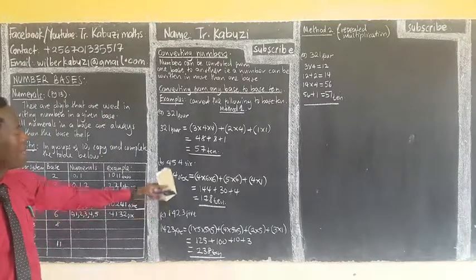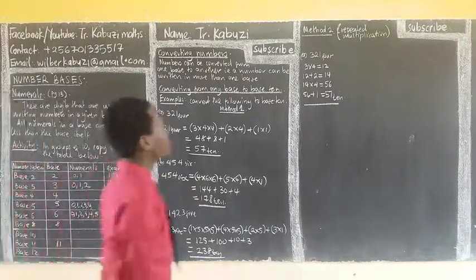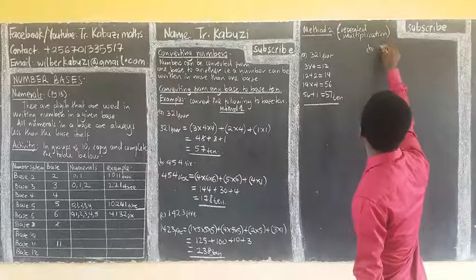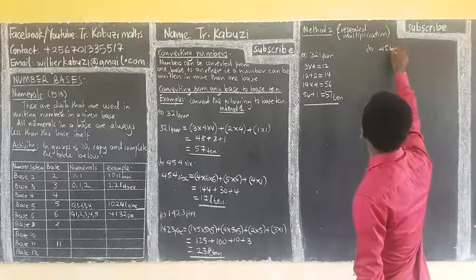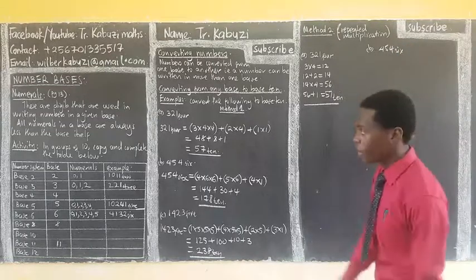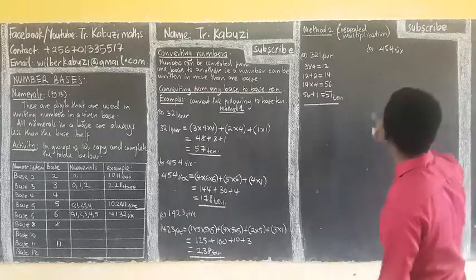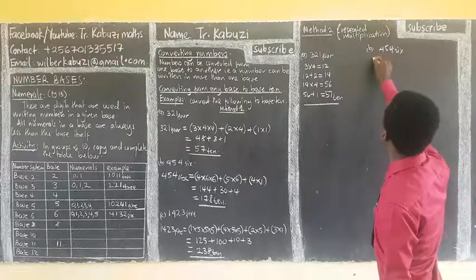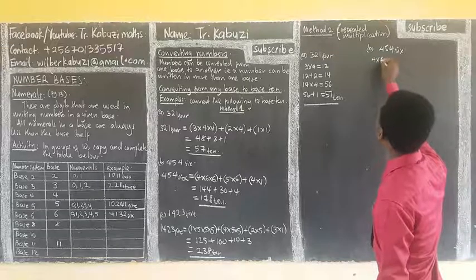Okay, let me add the same number on part D. In part D, we have 4, 5, 4, 6. We get the same answer. So what we do, we get 4 times the base, which is 6.